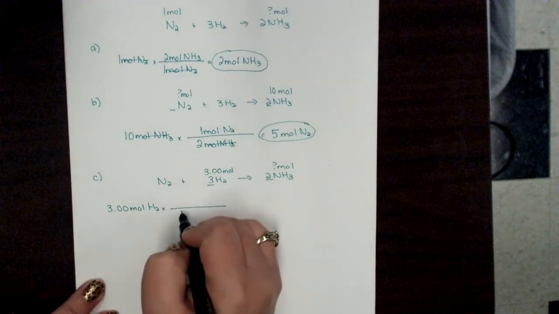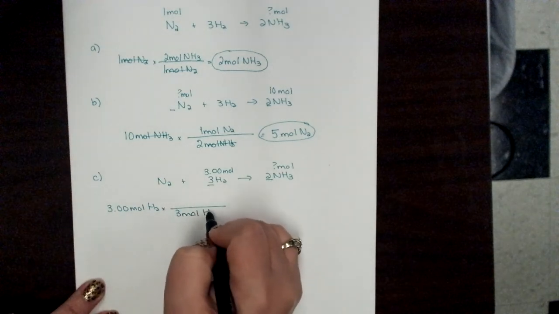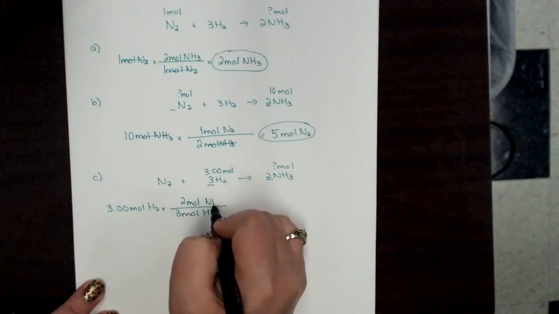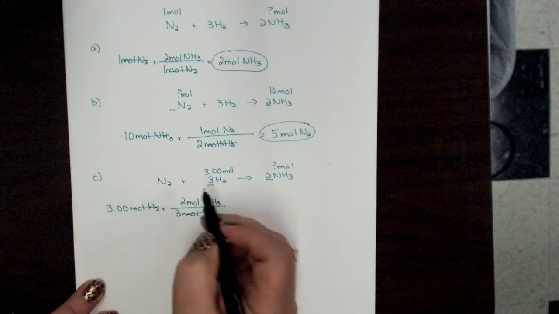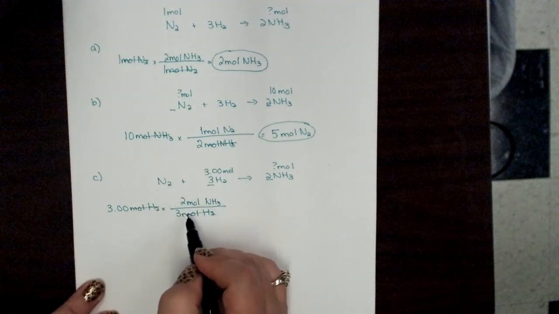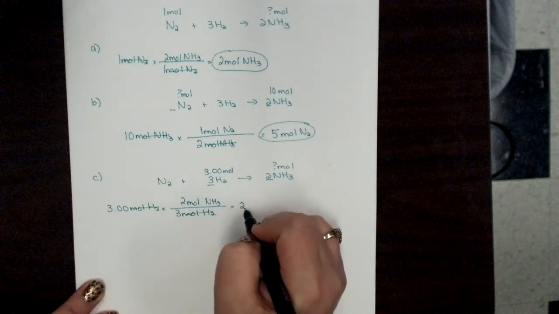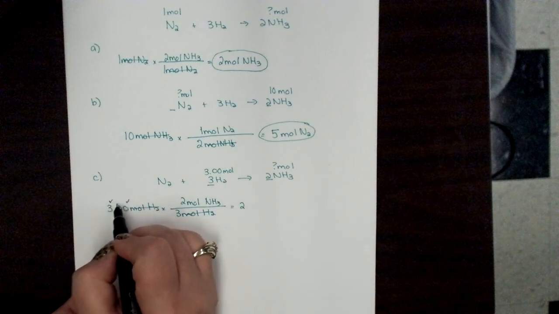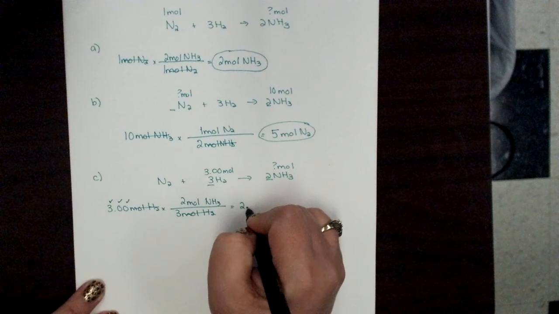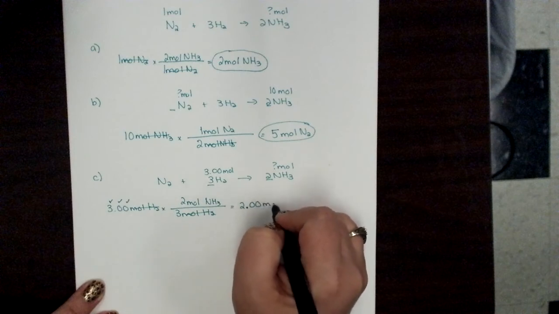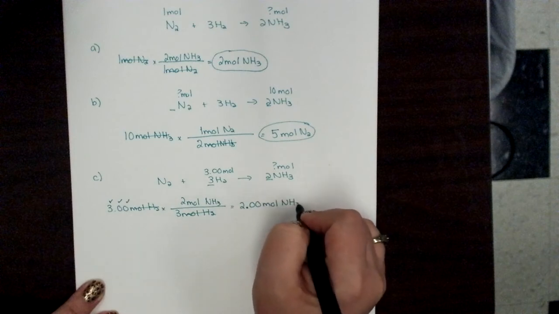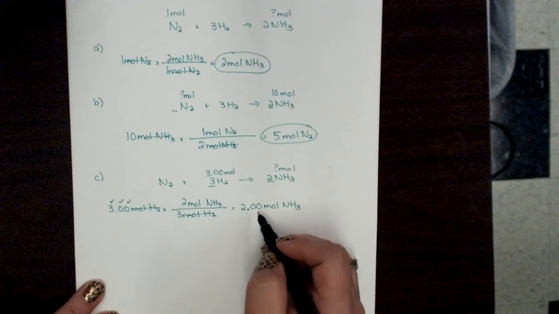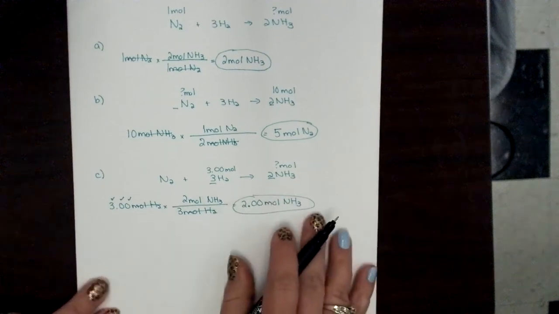Mole to mole ratio, 3 moles of H2 on bottom and 2 moles of NH3 on top. So 3 times 2 is 6, divided by 3 gives you 2. And how many sig figs? 1, 2, and sandwich 3. So I have 3 sig figs. All right, and there's my answer.